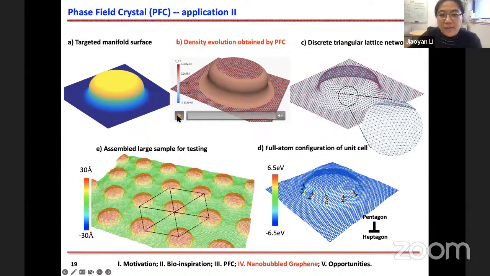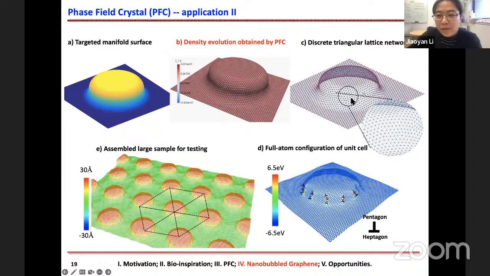So when we run this PFC simulation, basically we are searching for the minimum energy state, with the density identified near the transition area. So we can tell where the atom positions are.